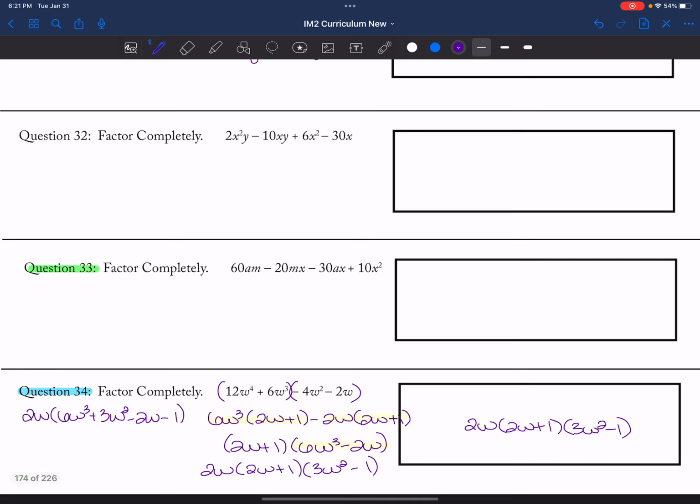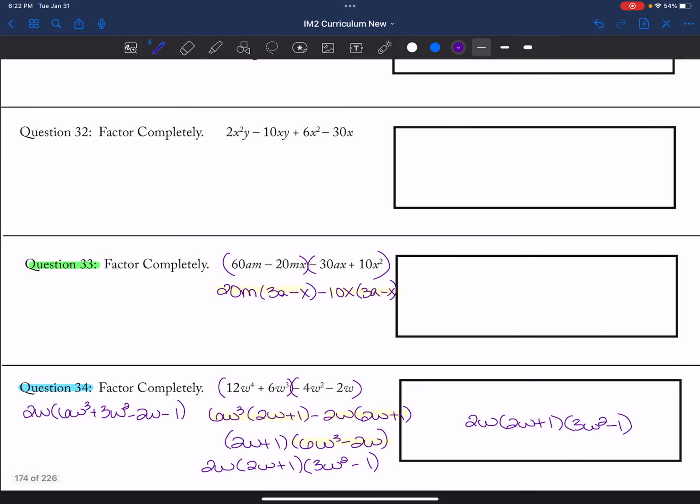Okay? And then I'm in a group here, so let's see, I can do 20m. That leaves me with a 3a minus x, and then minus 10x, and that leaves me with a 3a minus x. And then what's in common between my two terms is a 3a minus x, and I'm left with, oh man, I did it again.